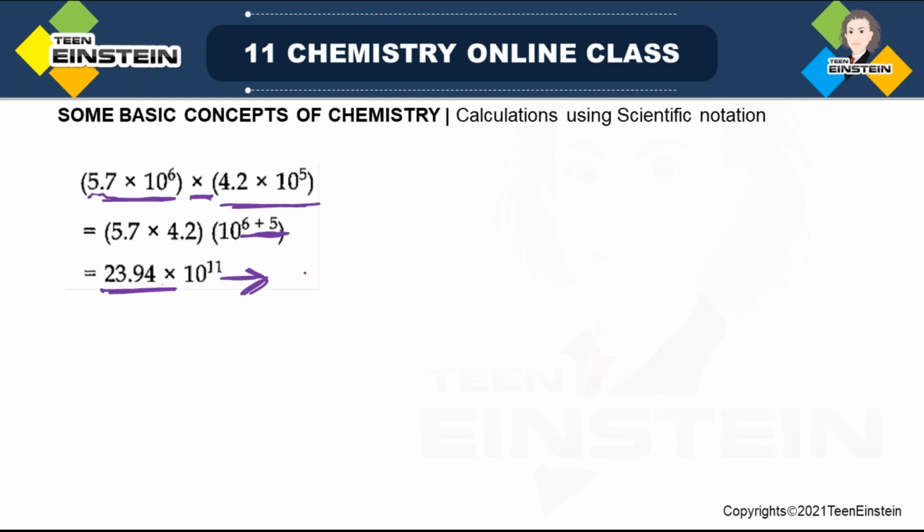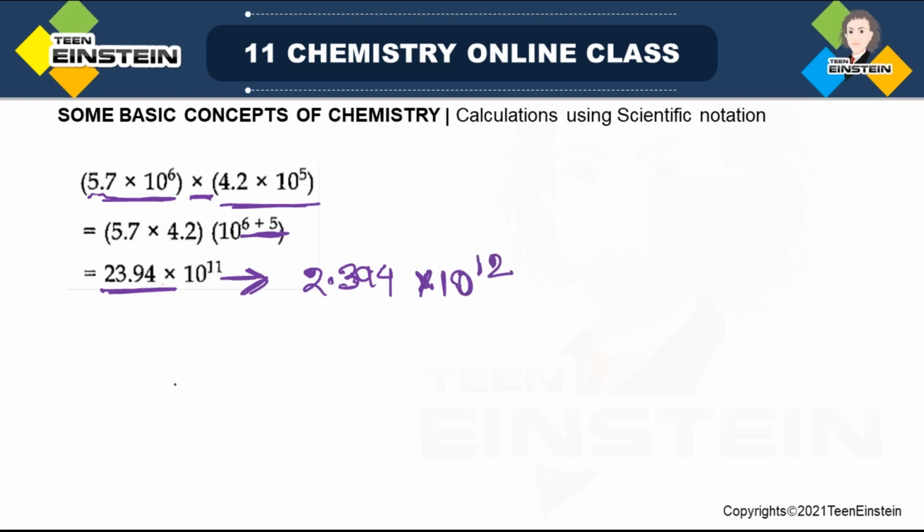So if you express it like this, suppose 2.394, now you have moved the decimal towards the left, so it will be 10 to the power 12.